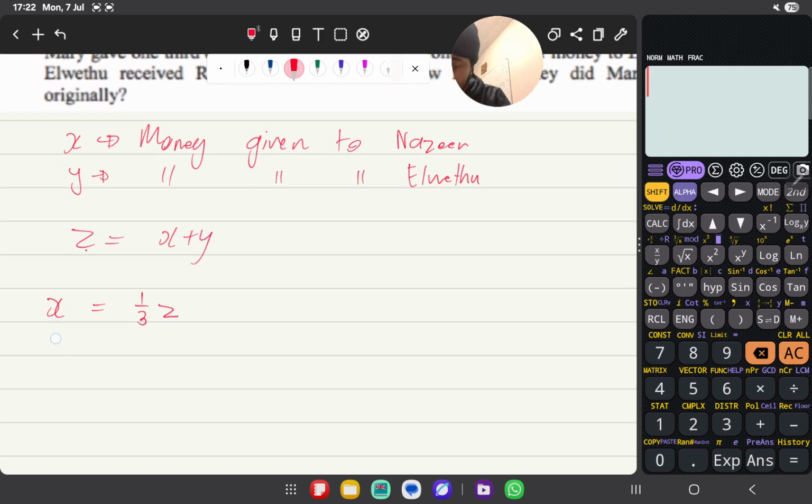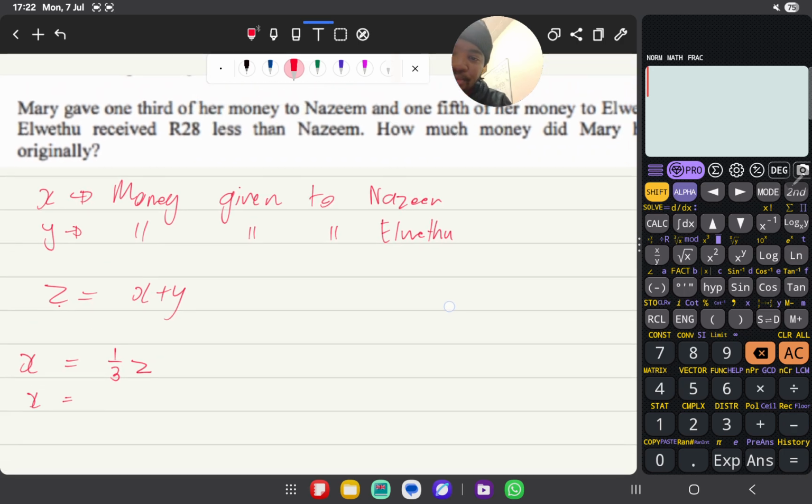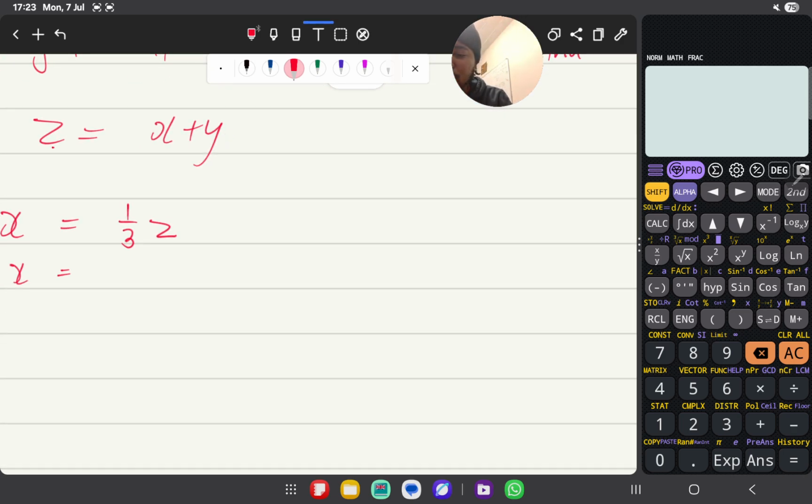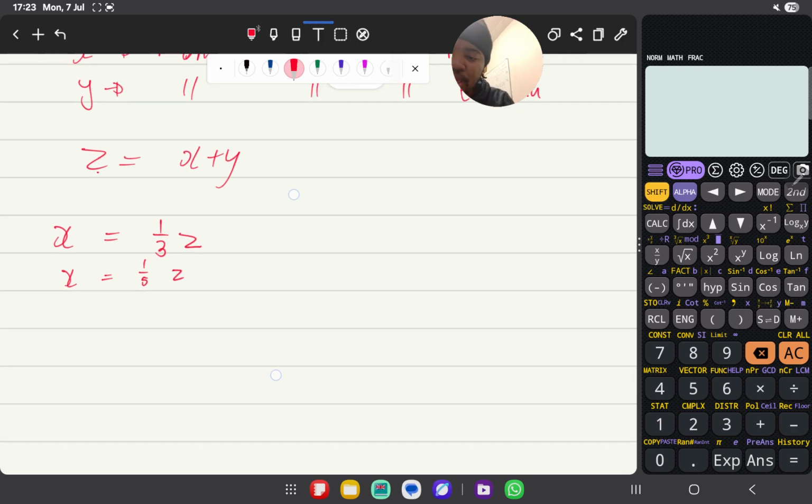And then we say X equals that. We say, and 1/5 of her money to Elwetu. 1/5 Z to Elwetu.